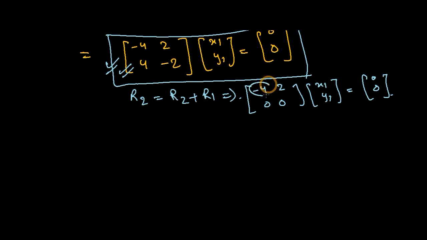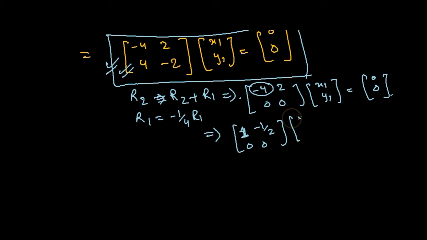Then I want to make it 1, so I'll divide R1 by minus 4, and this will give me 1, minus 1 by 2, 0, 0, and other things will be the same. So now you can see that this whole system of equations is reduced to echelon form.